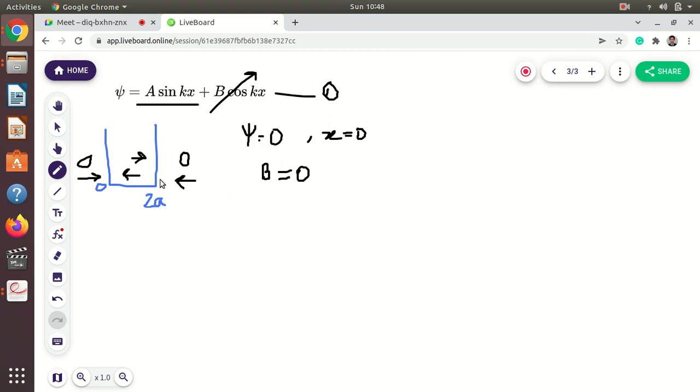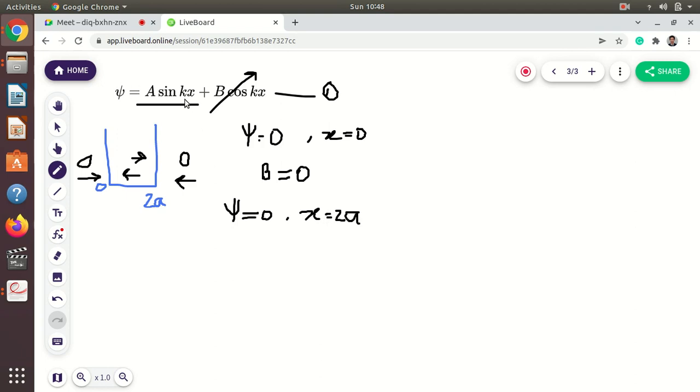Outside it is 0, so it should not jump directly to some other value. So it should be 0 at this point also. So I get another condition: ψ is equal to 0 if x is equal to 2a.